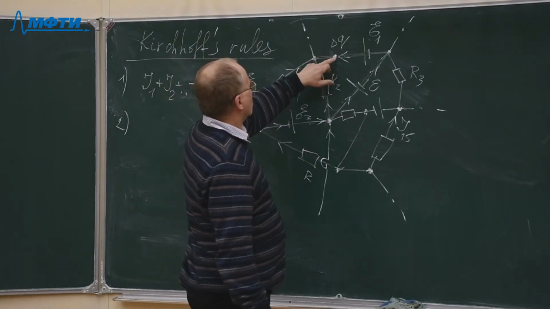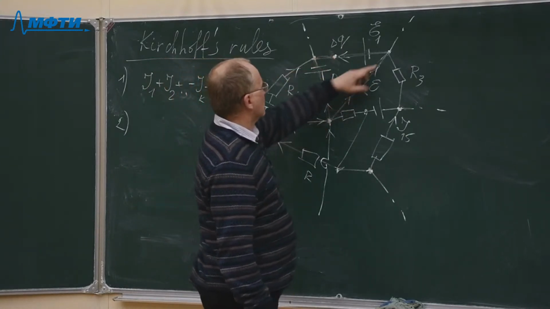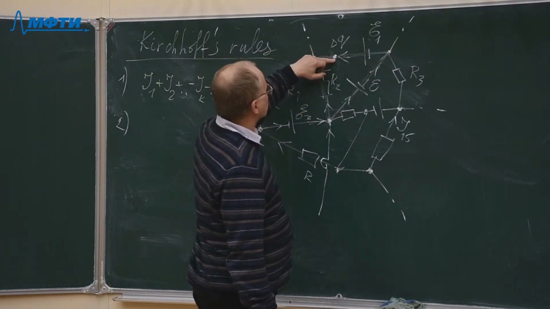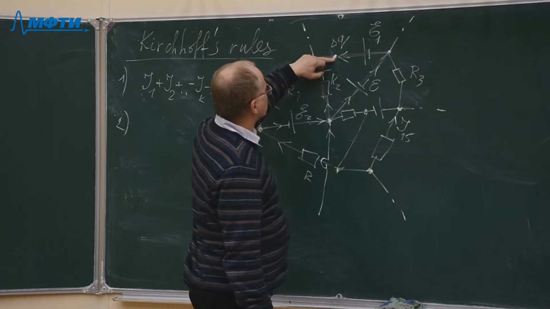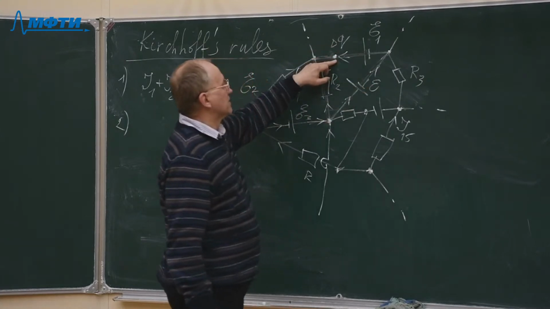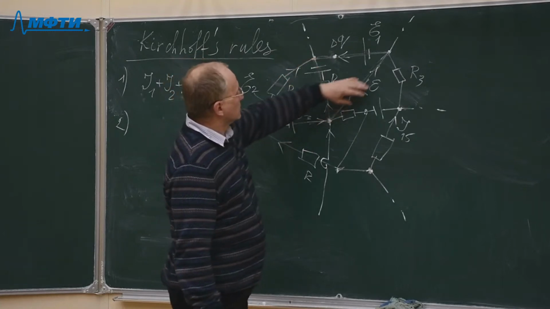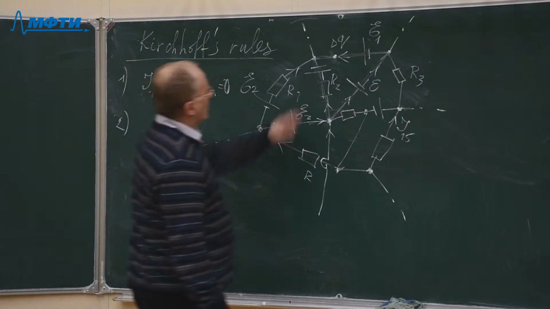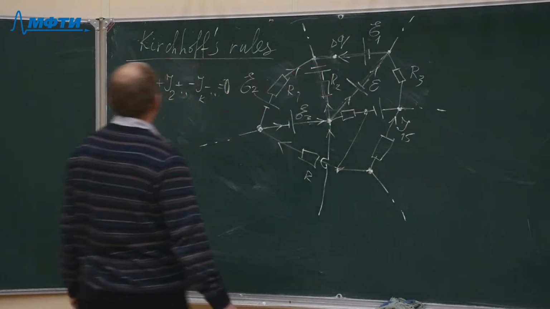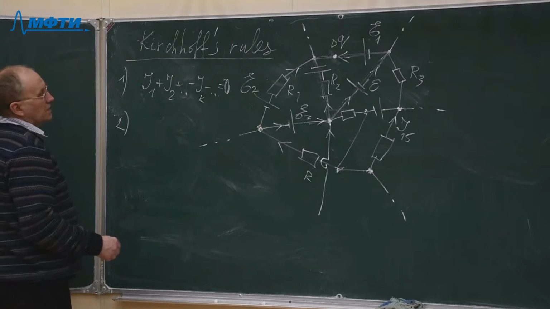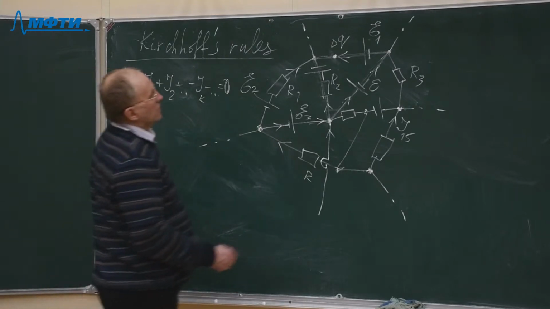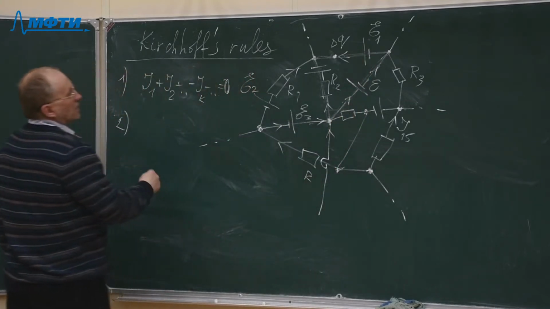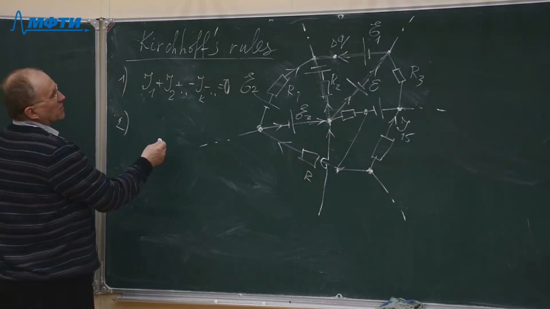So if we allow this charge to travel along a closed circuit, then we start at some certain electric potential at this point, and we end at the same electric potential. It means that the potential differences on all the elements in this circuit in total are zero if we go along the circuit. We take into account the potential difference of each battery as an electromotive force.